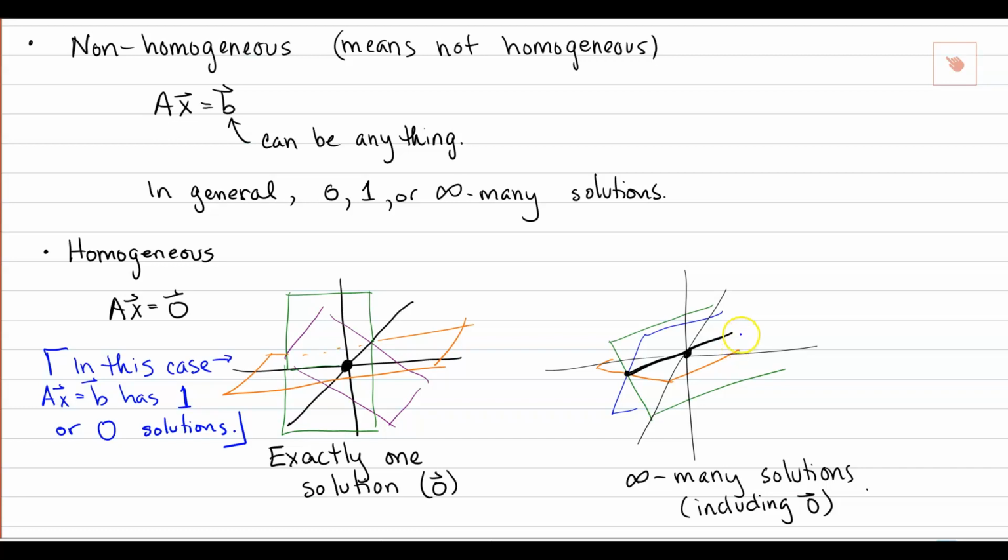So when our homogeneous system has infinitely many solutions, again, we could have zero solutions in the non-homogeneous case, or we could have infinitely many solutions. But because we can't tilt these planes in different directions, we're never going to be able to get exactly one solution.